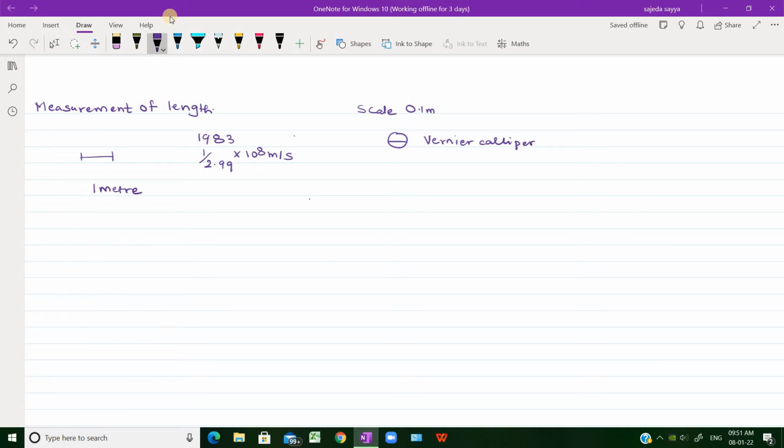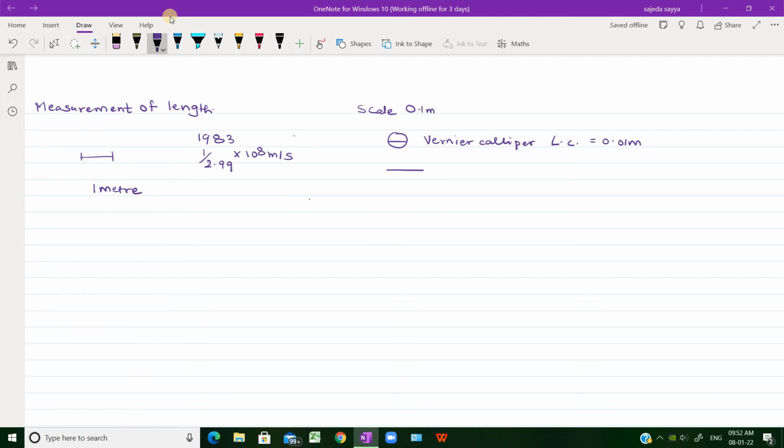The vernier caliper is the instrument used for the measurement of small lengths, and its least count is 0.01 meter.